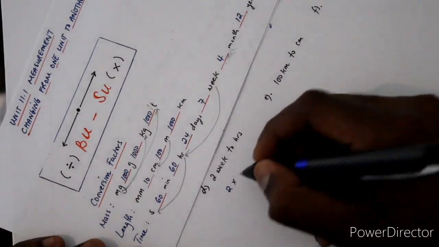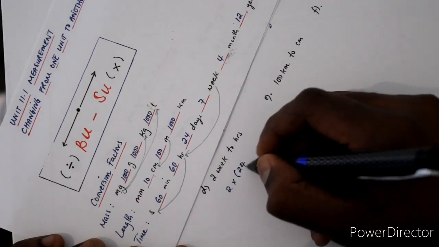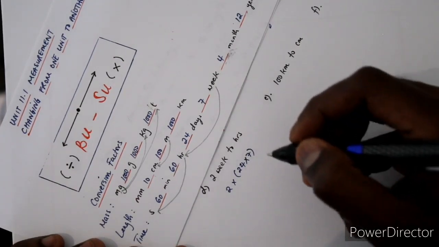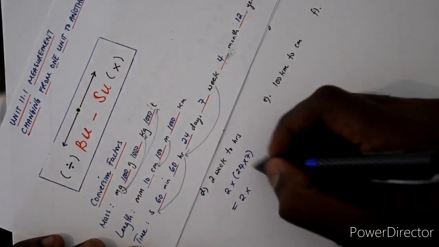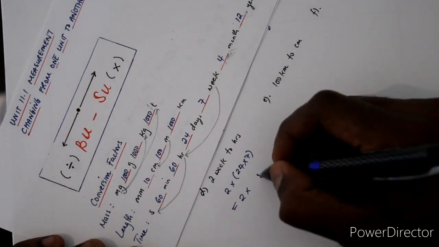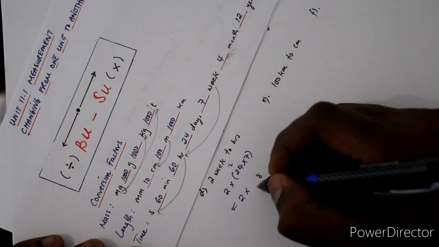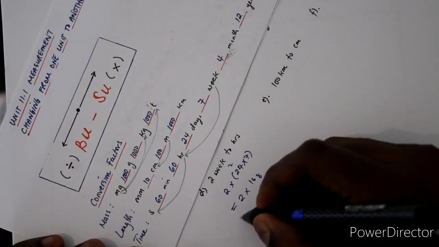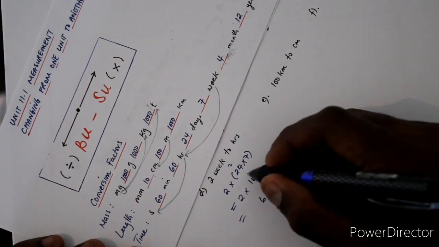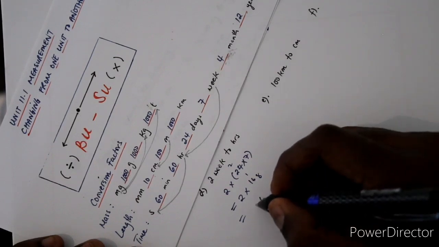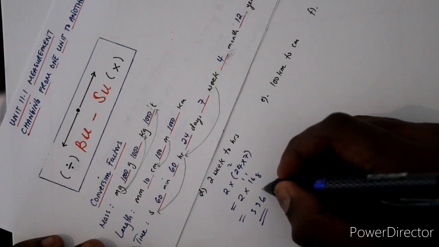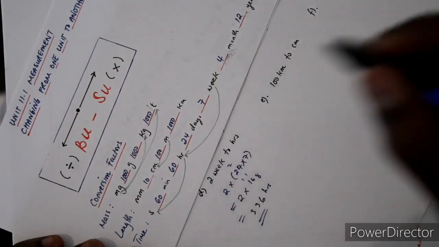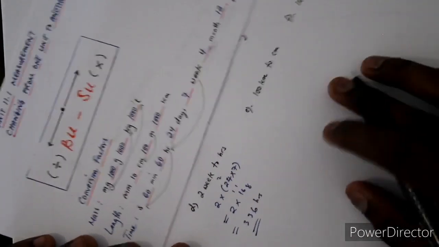So it's 2 times bracket 24 times 7. So 336 hours is equivalent to 2 weeks.